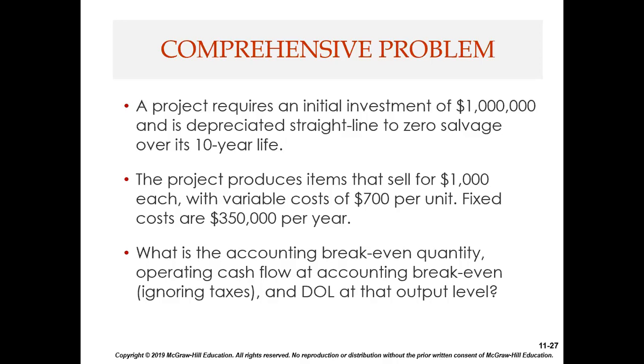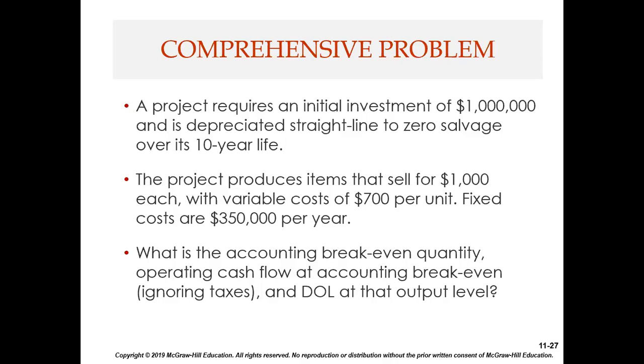We have here, project requires an initial investment of $1 million and is depreciated straight line to zero salvage over its 10-year life. The project produces items that sell for $1,000 each with variable costs of $700 each. Fixed costs are $350,000 per year.